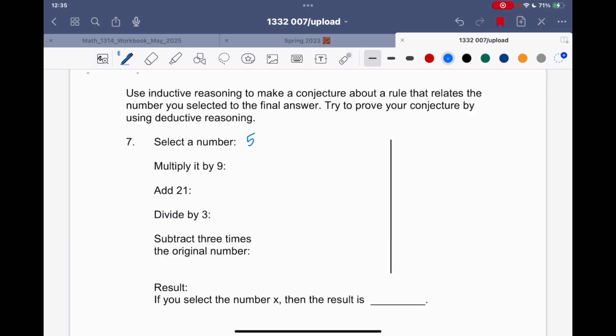And then 5 is multiplied by 9. That's going to equal 45. Then add 21. 45 plus 21 is going to be 66. And then we're going to take that number and divide it by 3. That's going to be 22. And then subtract 3 times the original number. This right here is the original number.